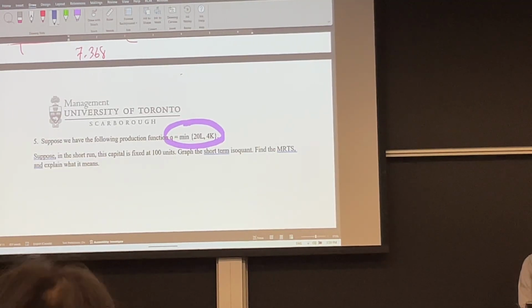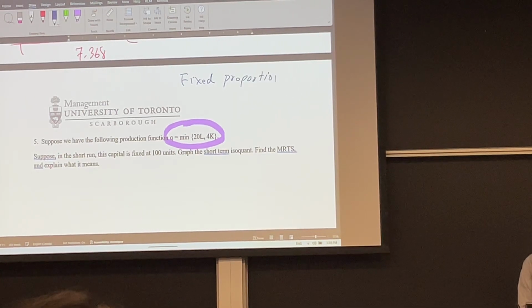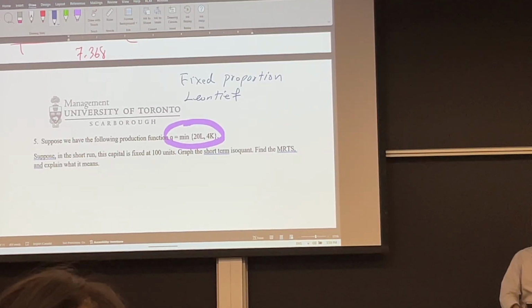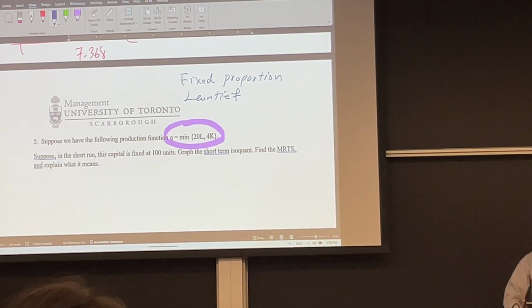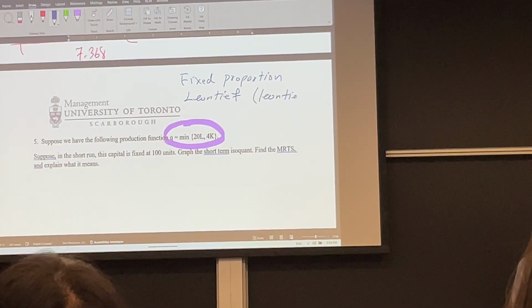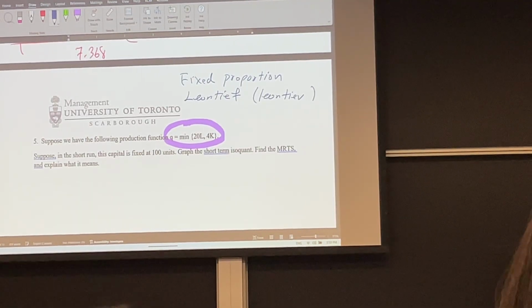You call it fixed proportion, or if you want to be more intelligent, Leontief. Everyone calls it Leontief. In the world of economics, they just call it the Leontief function, right? Sometimes they write the Leontief this way, but everyone calls it the Leontief production function.